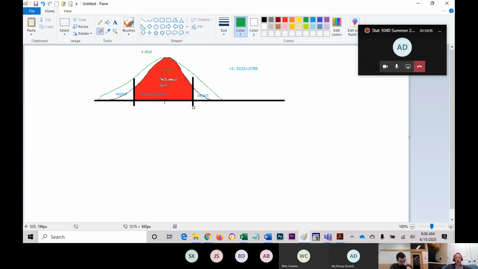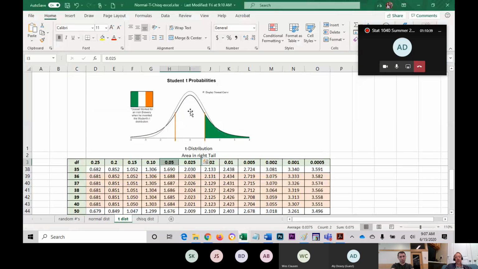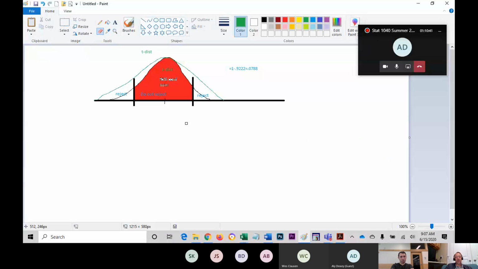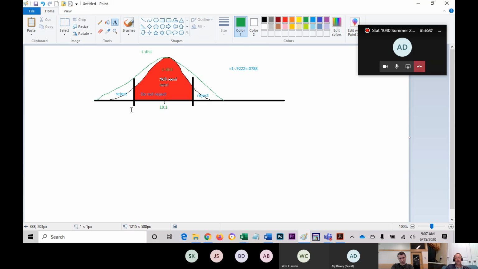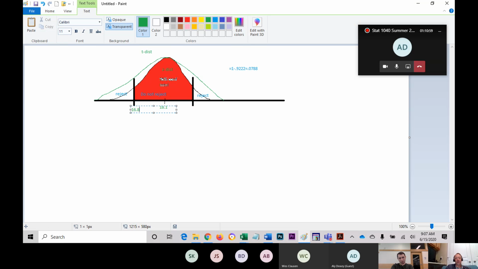Because the t-score and the z-score look so similar, here's what happened. We said that the mean cigarettes smoked per day, so this is a t-distribution rather than a z, but they're similar looking. We said that 18.1, that's the number of cigarettes smoked per day, but we only got 16.8.